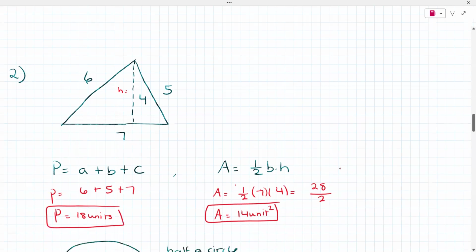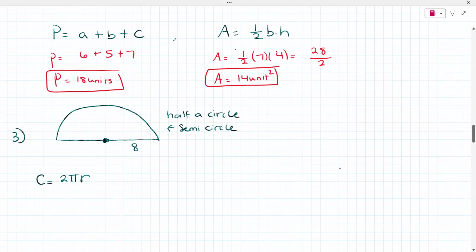Okay, let's move on to number 3. So number 3, we have a half a circle or a semicircle, and we've got to find the circumference and the area. So circumference is the same thing as perimeter. So it's C equals 2 times pi times r.